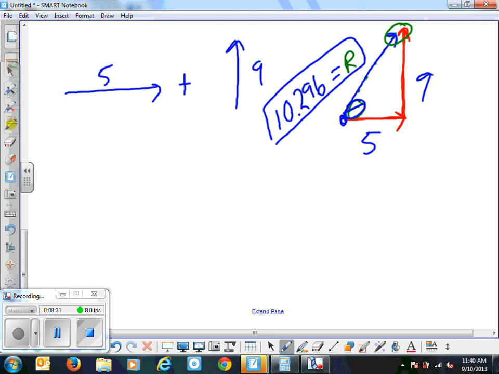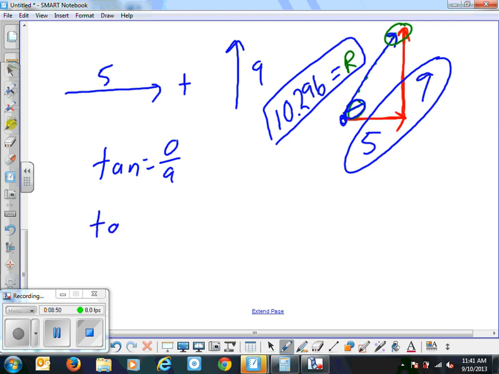Okay, so now that I have 3 sides, I can use anything, but I always typically use the 2 that were given, because if I screw up my calculations, I'm going to screw up the angle. So that relationship is opposite and adjacent, right? So we go tangent is equal to opposite over adjacent, or inverse tangent.